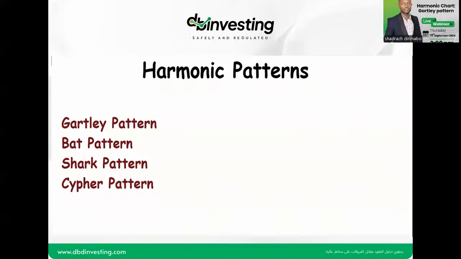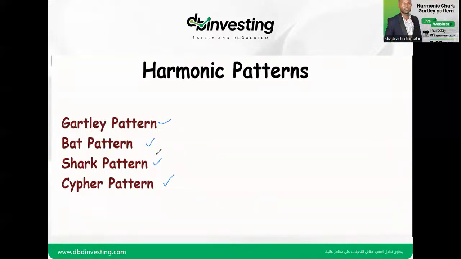And as regarding the harmonic pattern, like I said, it is a series. And in this series, we are looking at the Gartley pattern. We're going to be also looking at the bat pattern, and then the shark pattern, and then the cipher pattern. So these are patterns we're going to be looking at in the market, all right? So we look at the Gartley, we look at the bat pattern, we also look at the shark pattern, and then we also look at the cipher pattern.